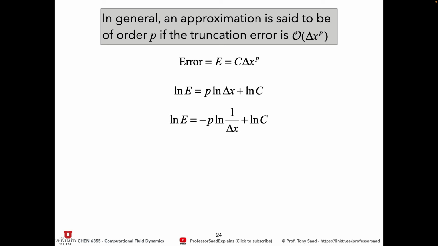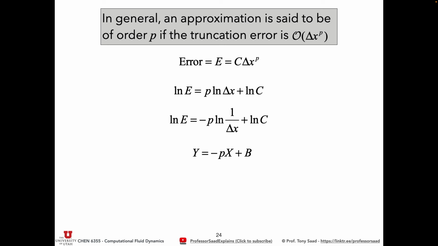And then just a little trick here. If I swap this and do log of 1 over delta x, you get a minus sign, because minus log of 1 over delta x is log delta x. So it's still the same equation. Then this is the equation of a straight line in log-log space. The log of the error on the y-axis is equal to minus p times log of 1 over delta x, plus some constant, where 1 over delta x is your independent variable on the x-axis.